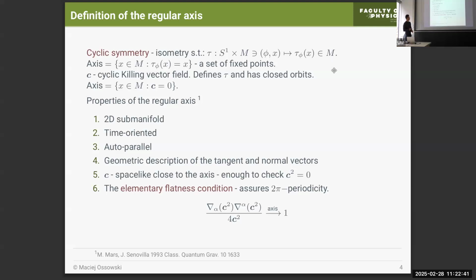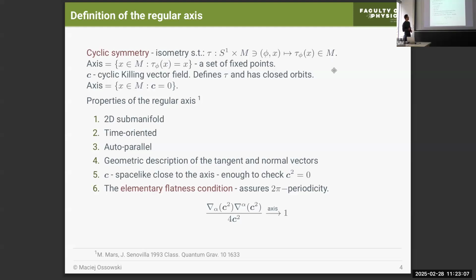properties that I will generalize in this talk is the fact that the cyclic Killing vector field close to the axis is space-like. This is quite nice because now, if we know that this is true, then it's enough to look for points where the square of the Killing vector field vanishes.